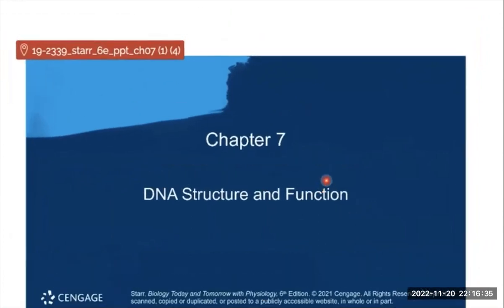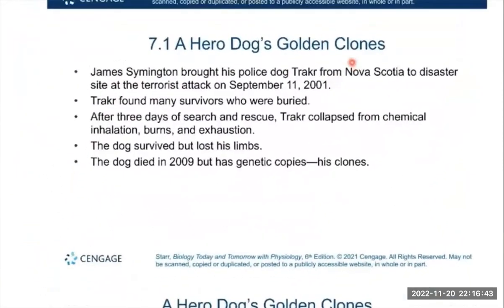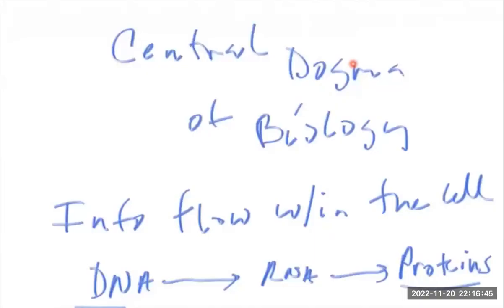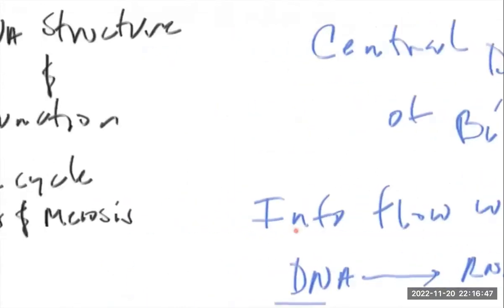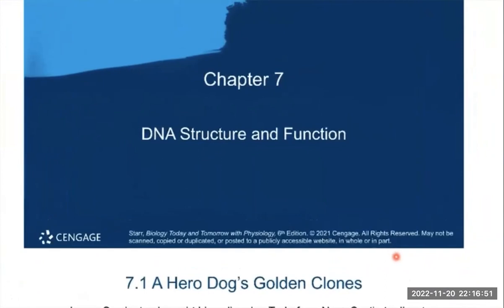So chapter 7 starts off with a sad story, and it's a story that most of us think about. 2001, maybe not. Some of us were probably still not born yet. But it seems like yesterday.